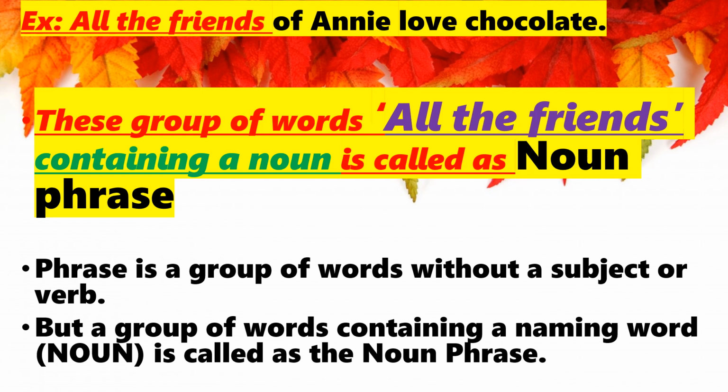In this sentence, we see a group of words in the subject place. All the friends. A group of words is a phrase. But in this group of words, we are able to see a naming word, that is the noun.